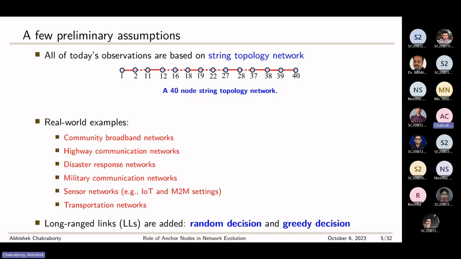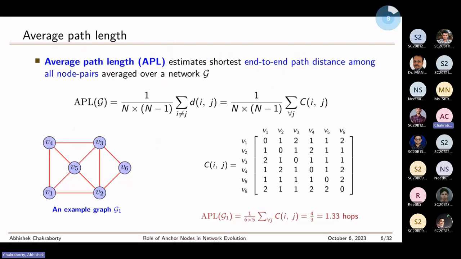Now to what, we don't know. That's why we are taking two kinds of approach, either based on random decision or greedy. Here we just discussed this APL, because it is one of the key network characteristics which will be optimized greedily to get our overall objective.